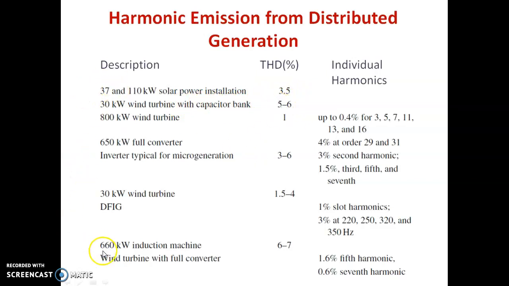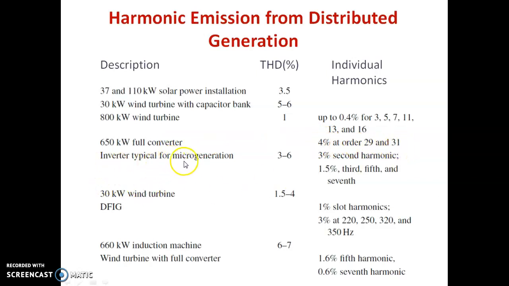Similarly, we have some more examples. A 37 and 110 kilowatt solar power installation has a total harmonic distortion of 3.5%. An 800 kilowatt wind turbine has a total harmonic distortion of 1%, with individual harmonics up to 4.4% for the 3rd, 5th, 7th, 11th, 13th and 16th. A 650 kilowatt full converter has individual harmonics of 4% at orders 29 and 31.